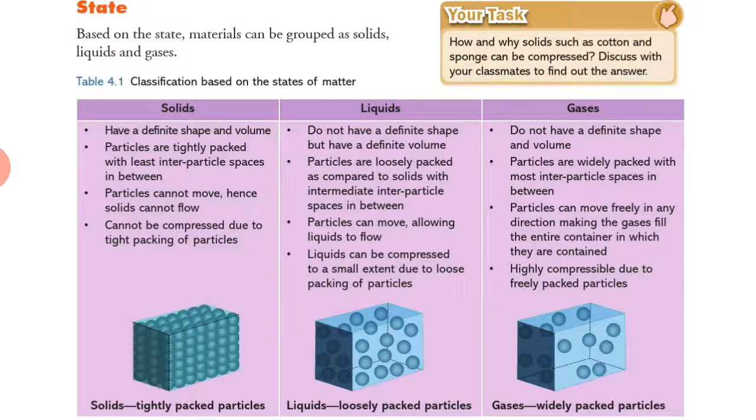Solids have definite shape and volume. Particles are tightly packed, means particles will be very close to each other. There will be less space between the particles. Particles cannot move, hence solids cannot flow. Solids cannot be compressed due to tight packing of the particles.